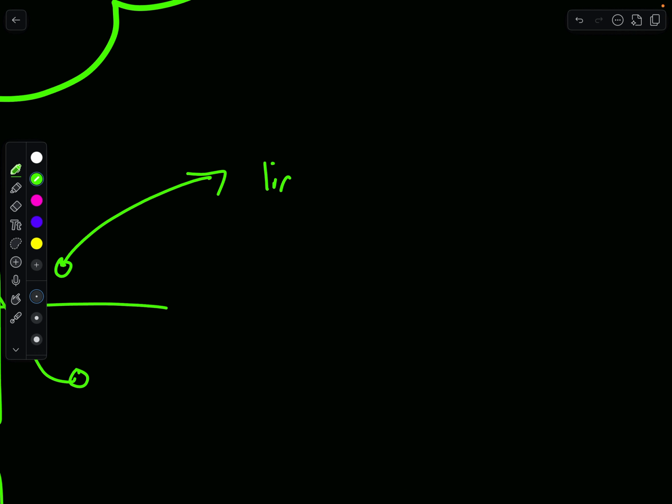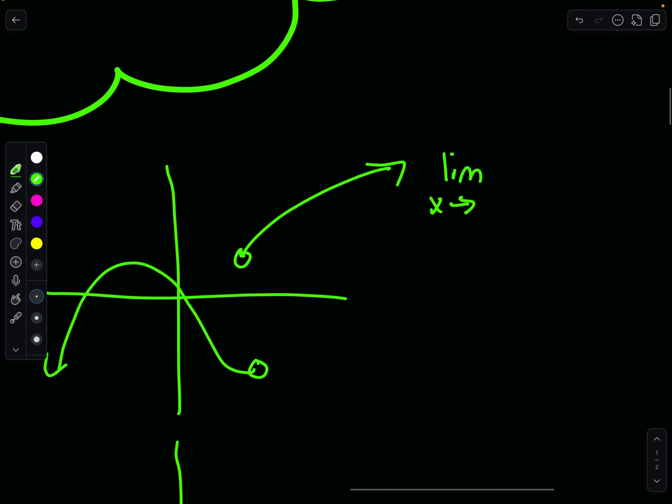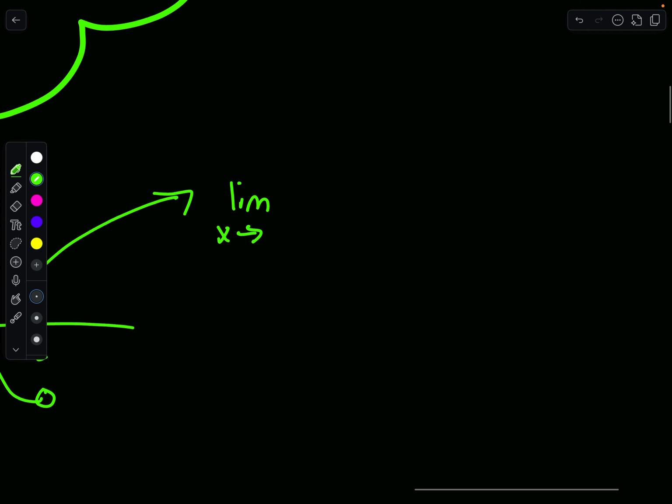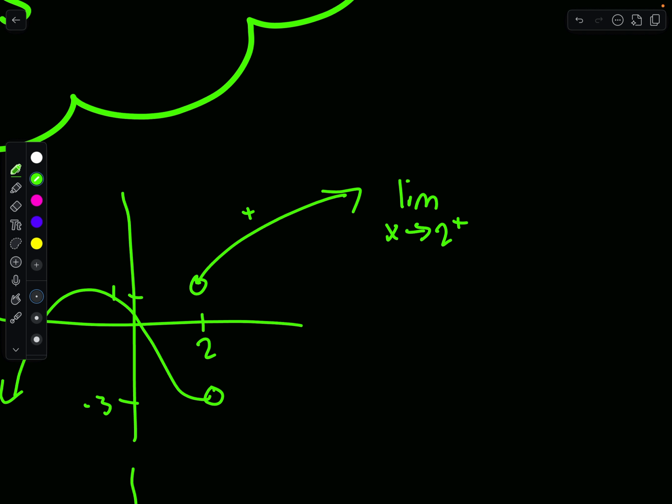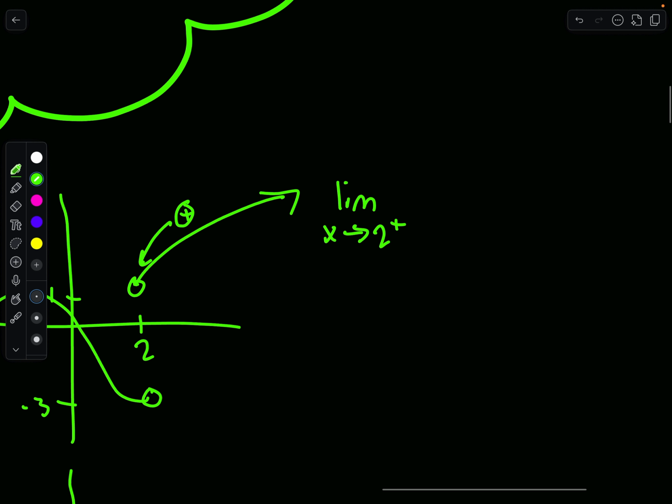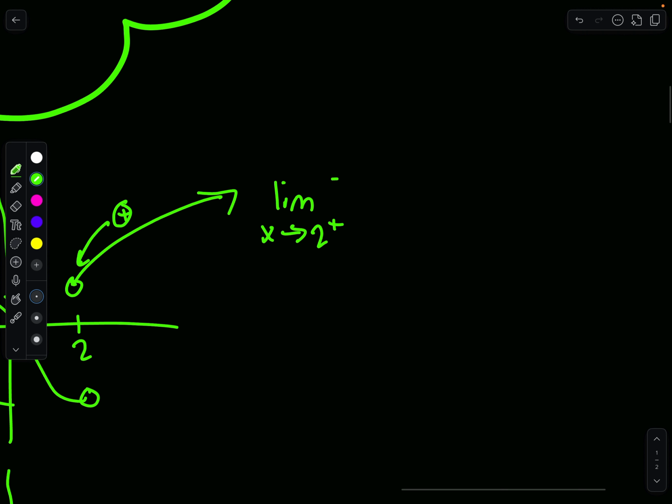Here we can see that this right here is x equals 2, this is y equals 1, this is y equals negative 3. The limit as x approaches 2 from the positive side of f of x is equal to 1.